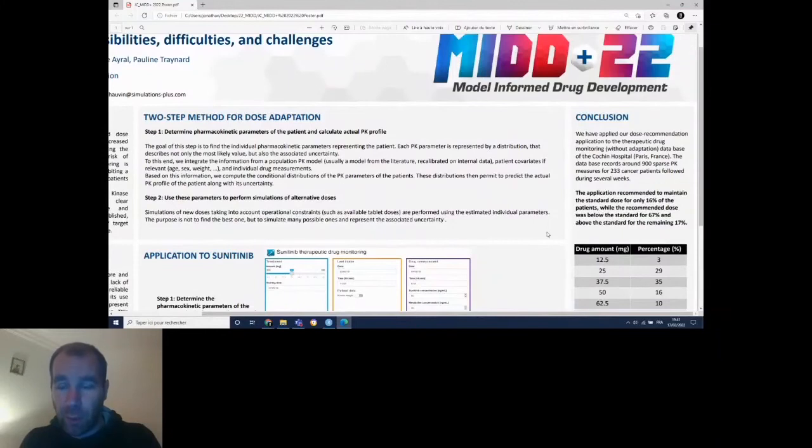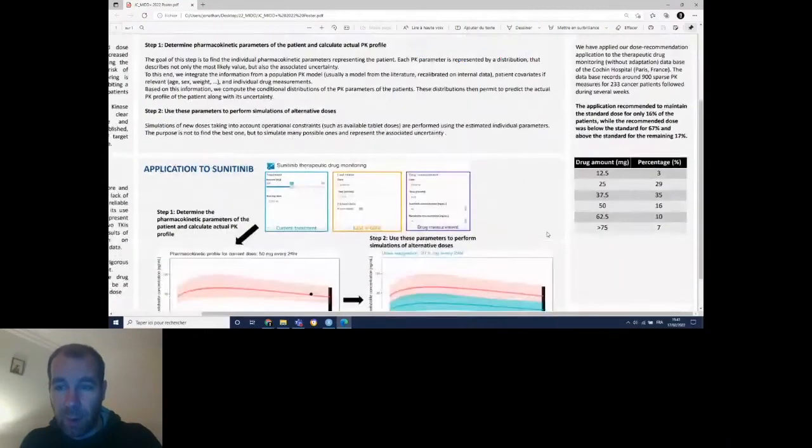So finally, as a conclusion, we made that kind of evaluation on a lot of different patients and applied the therapeutic drug monitoring on 233 patients at a French hospital called the Hospital Cochin in Paris.